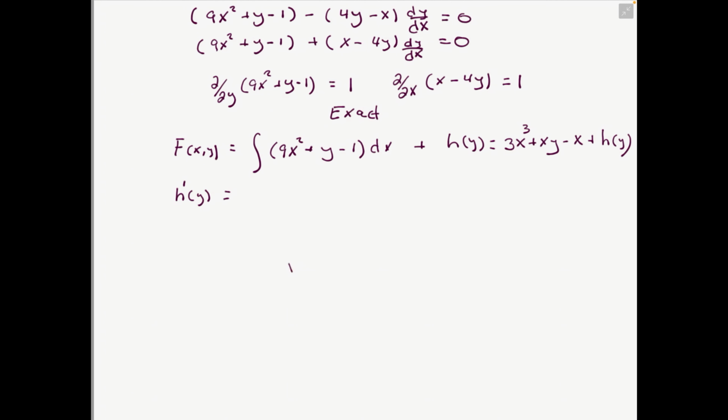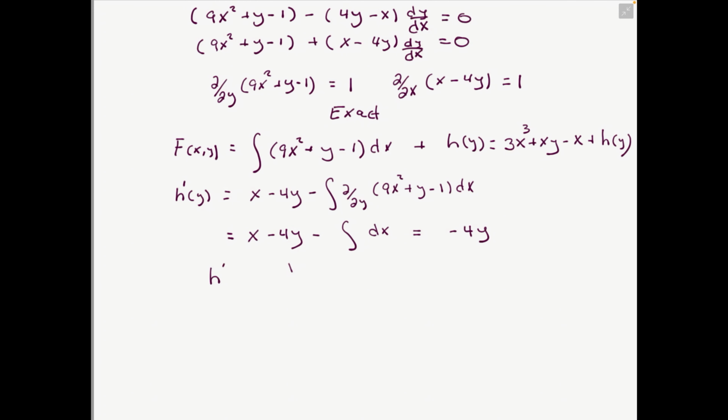So h prime of y is equal to N, which is x minus 4y minus the partial derivative with respect to y of the integral of 9x squared plus y minus 1 dx.